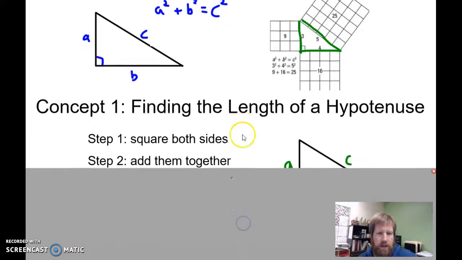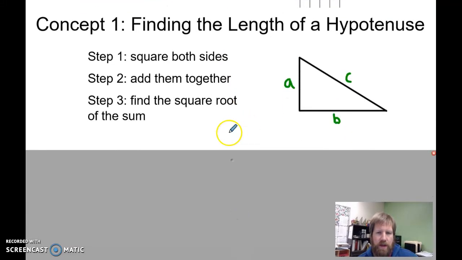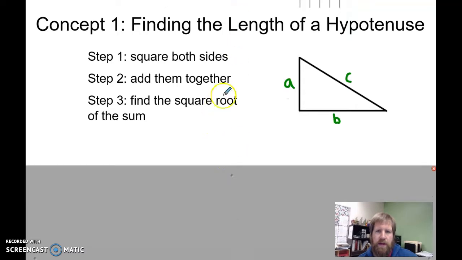Concept 1 is finding the length of the hypotenuse. To do that, you're basically just plugging it into the Pythagorean theorem. So a squared plus b squared equals c squared. If we had 3, 4, and 5, or say this value was 9 and then 12, and we didn't know what this one was, we'd just plug it in.